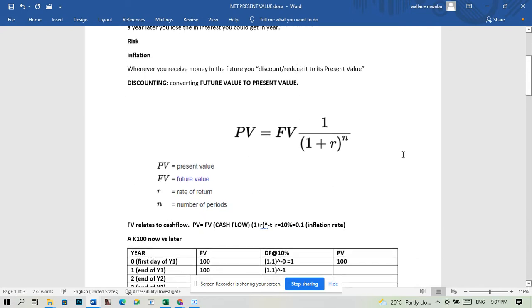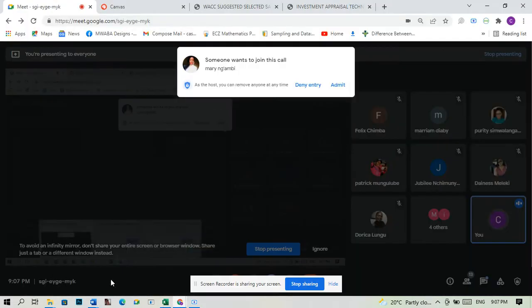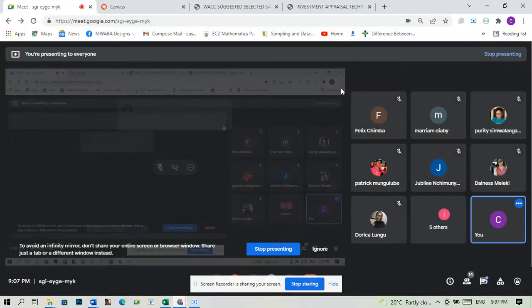Here's the formula: present value equals future value times 1 over 1 plus r to the power n. FV is the future value, PV is the present value, R can be the rate of return or the interest rate, and N can be the number of years. Now we're going to look first at a practical example.